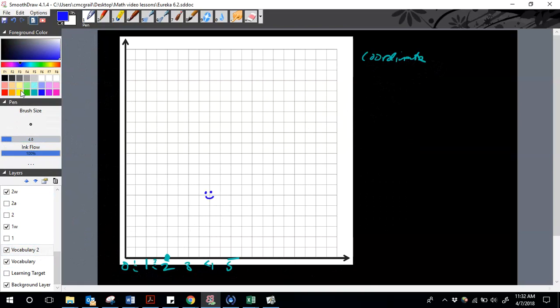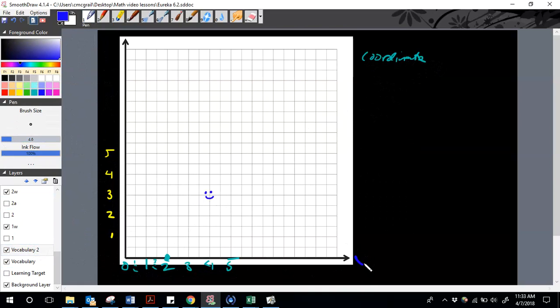So if I were to label this one the same way, 1, 2, 3, 4, 5, now I could say, okay, well, my smiley face, its x coordinate is 4, but now I need to know how high it is.